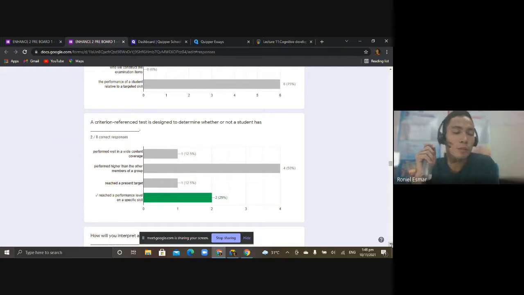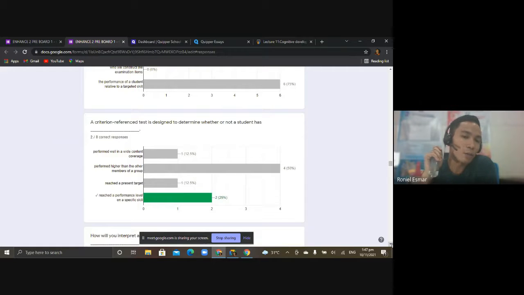Say for example, in an exam with a total of 100 items, if we make use of a criterion reference test, it should be fixed that the student who gets a score of 75 and above will pass the exam, because 75% is the criterion or the set target to pass.